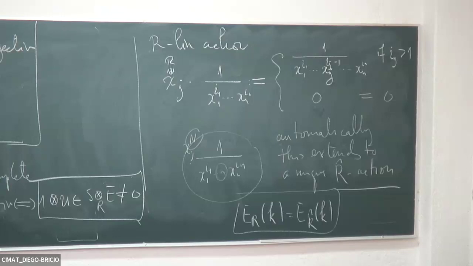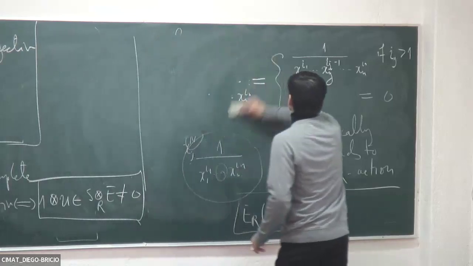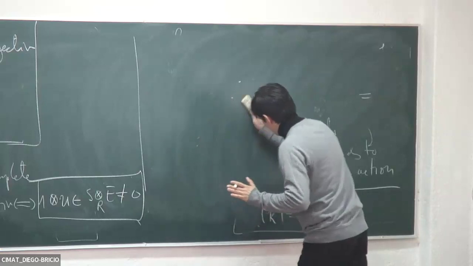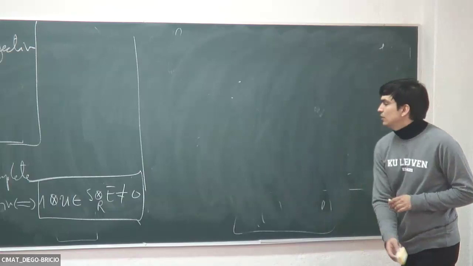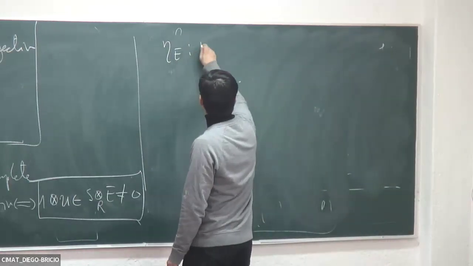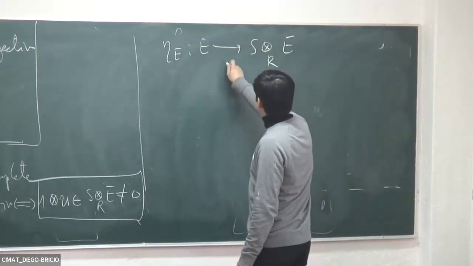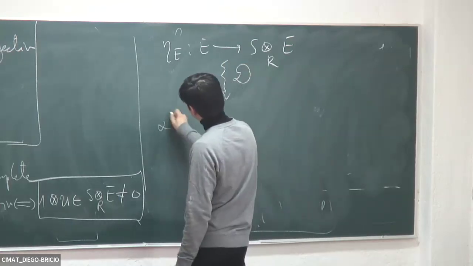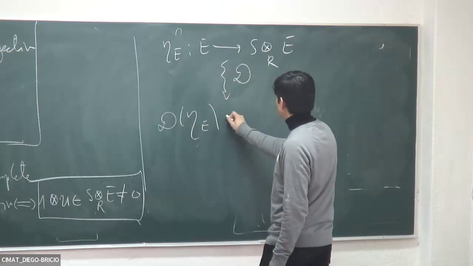And what was the proof we had for this? It was a really, really cool proof, and it is remarkable because it uses the following. The proof was based on taking eta E and computing its matrix dual. And what was the matrix dual of eta E? It was a beautiful map, right?